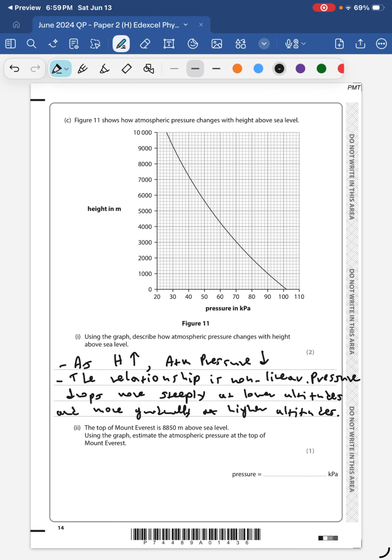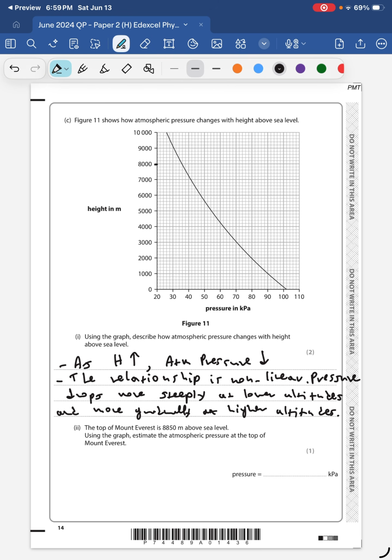Using the graph, estimate the atmospheric pressure at the top of Mount Everest. So let me see. Every little box there corresponds to, let me think, 200 meters, right?